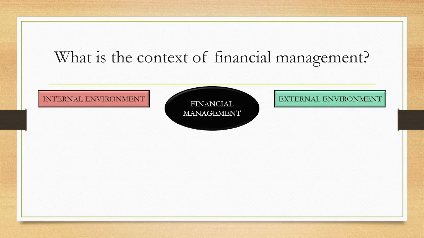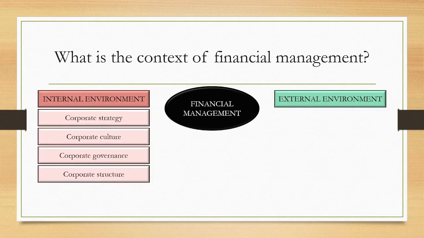Looking at the internal environment, we need to consider the company's corporate strategy, its corporate culture, its corporate governance structures, and its corporate legal structure. Legal structure would include issues such as if it is a public or private company, a partnership, or a sole proprietor. This will influence the strategy, culture, and governance mechanisms in place.